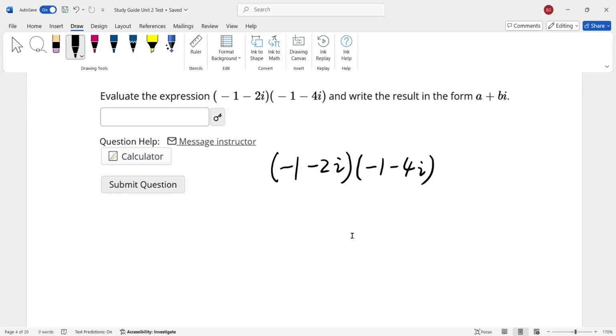Feel free to share your answer. Make sure you double check your answer before you share it.